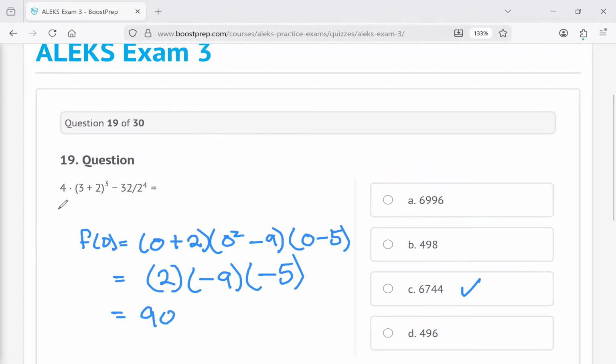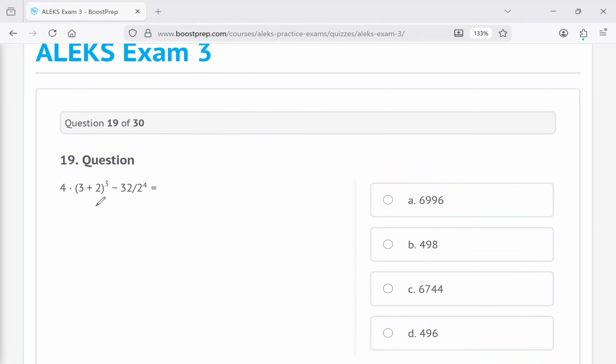Okay, number 19. We have some kind of order of operations. You see that slanted line? What you could do is just make it horizontal. So if you want to rewrite it, you have 4, the dot means multiplication, times 3 plus 2 cubed, minus 32 over 2 to the 4th, right?